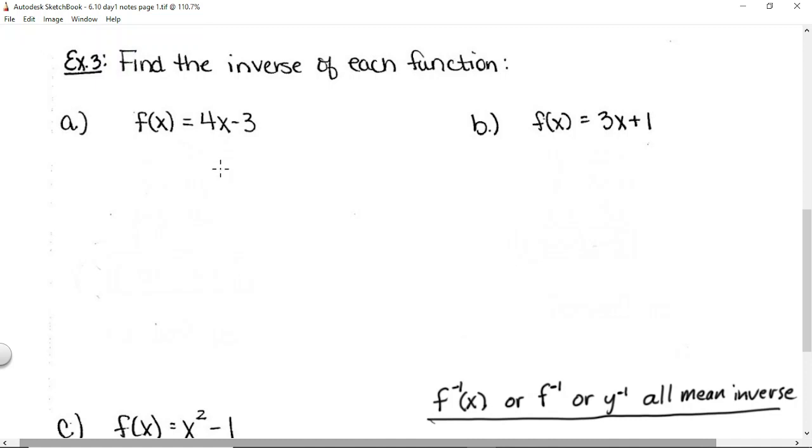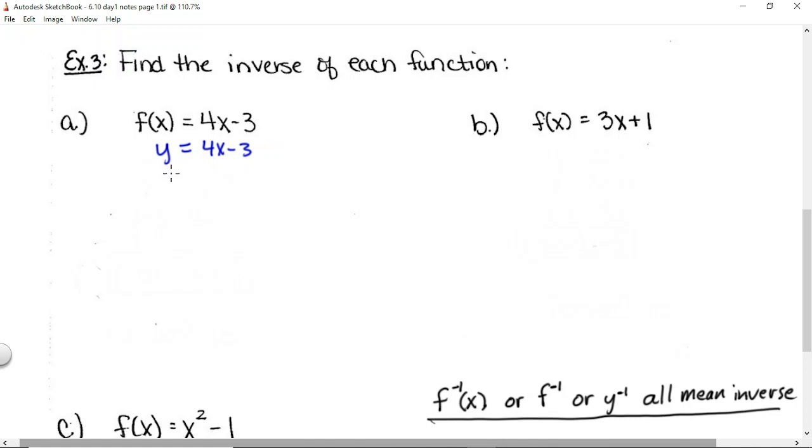Okay, so let's look at this first one. The way you do this is you first go ahead and use y in place of f of x. Just write it like that. All I did was rewrite it, but using y instead of f of x. Now we're going to switch x and y. Yeah, that kind of makes sense, right?